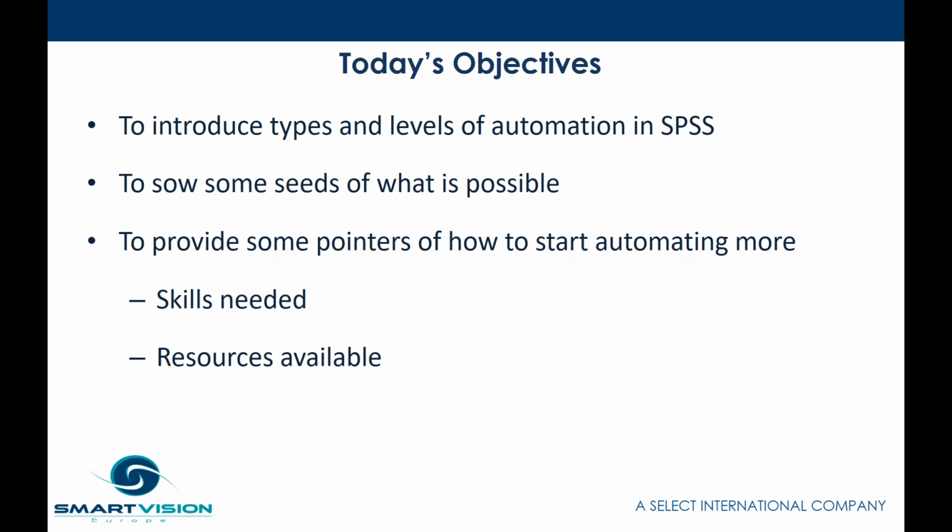Then also to give you an indication of what you need to do it, because there's likely to be some coding in this if you're going to move to automation that somebody needs to do. So what kind of coding skills do you or your colleagues need? And finally, what's around to help? The good news is there are an increasing number of resources, because this is a developing area, that are available to help you start doing automation yourselves.